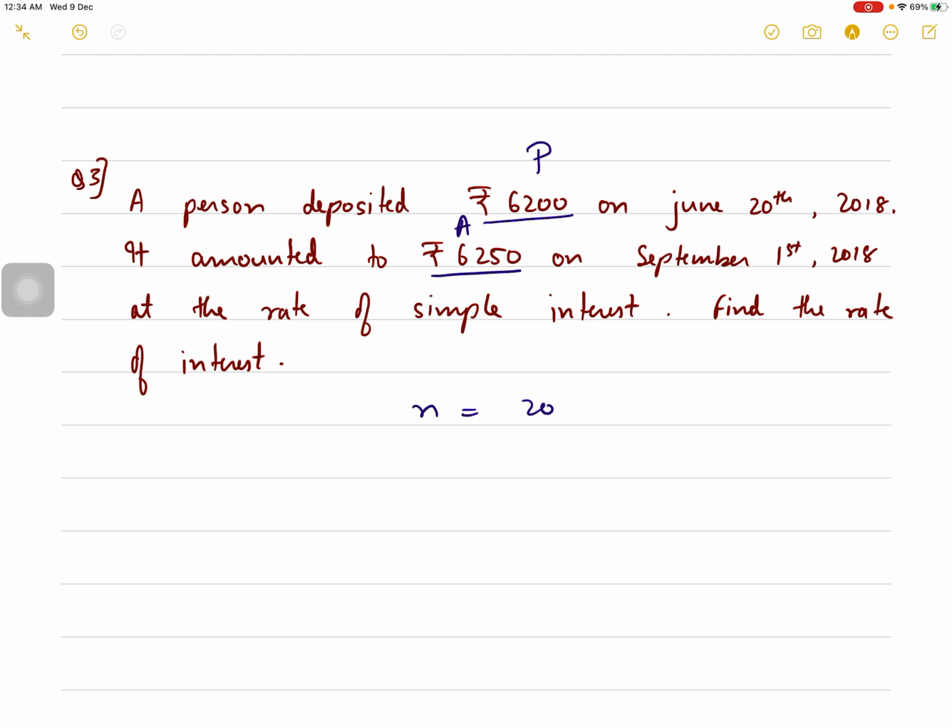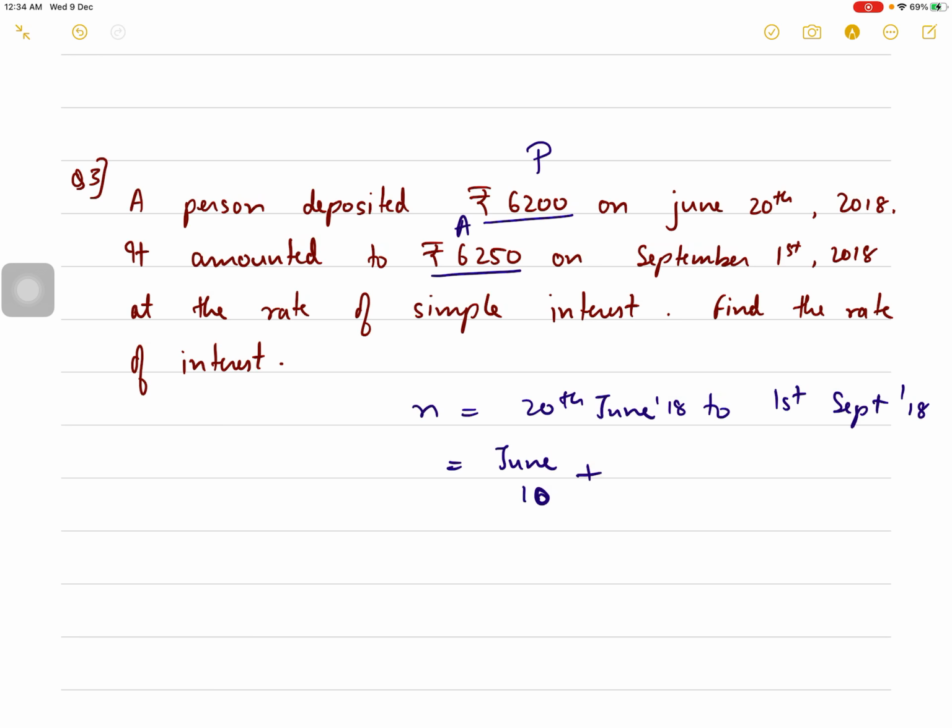So the period N is from 20th June 2018 to 1st September 2018. Let's count the number of days. How many days are there in the month of June? Total 30 days, but from 20 June to 30 June, that is 10 days.